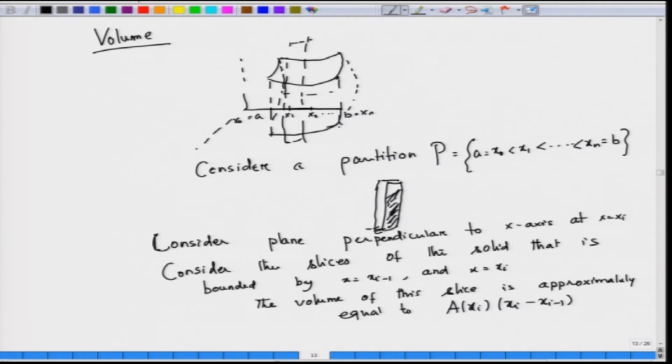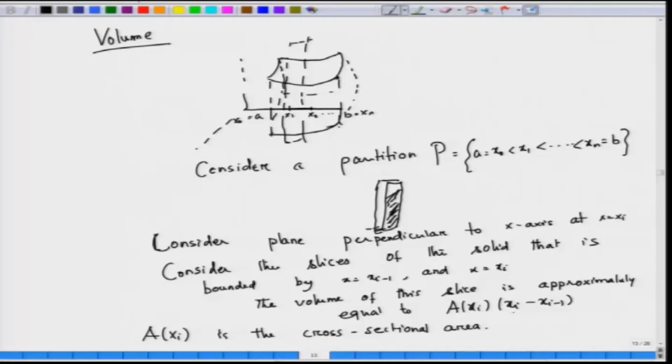Here A of x i is the cross sectional area that is made by the plane. When you are cutting, this is the cross sectional area and this is the thickness. So, the volume you are going to get is this area times the thickness.